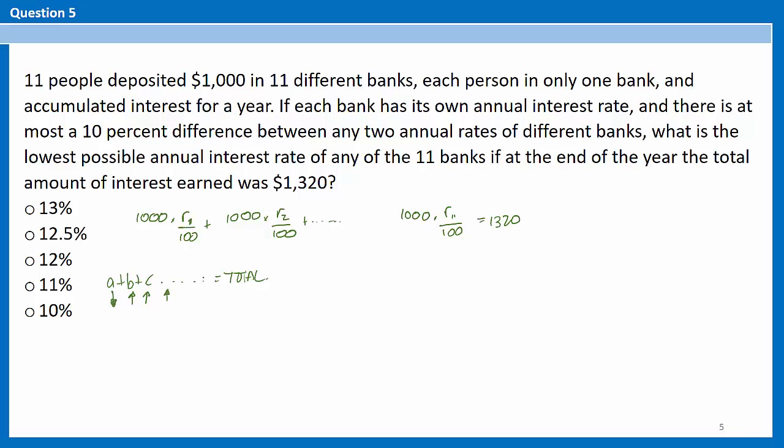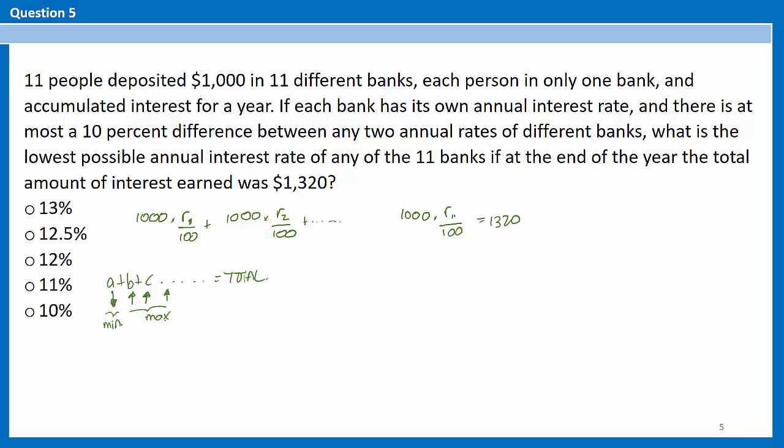Since the sum is always going to stay the same, if this one goes down, the others go up. So they must be maxed out in order for this one to be the least possible value.